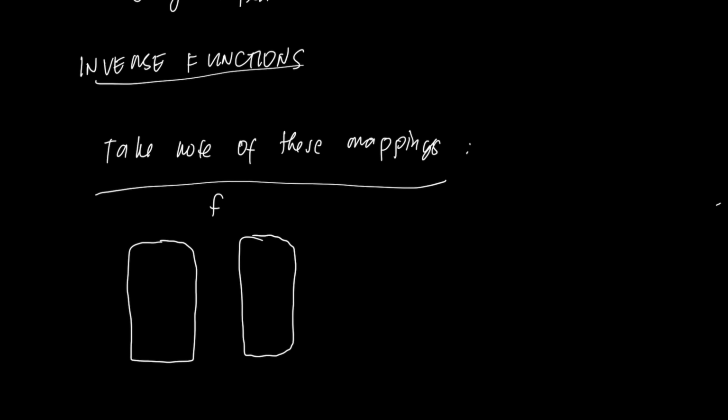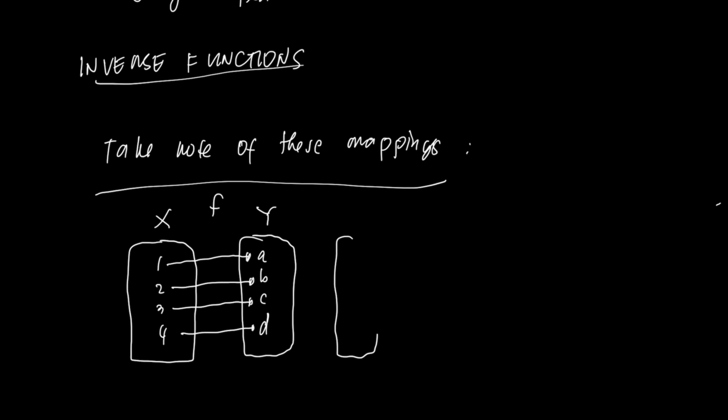This is our f, this is x, this is y, this is 1, 2, 3, 4, a, b, c, d. 1 is mapped to a, 2 is mapped to b, 3 is mapped to c, and 4 is mapped to d. Then let's have another mapping here. Say this is g, 1, 2, 3, 4, a, b, c, d, e.